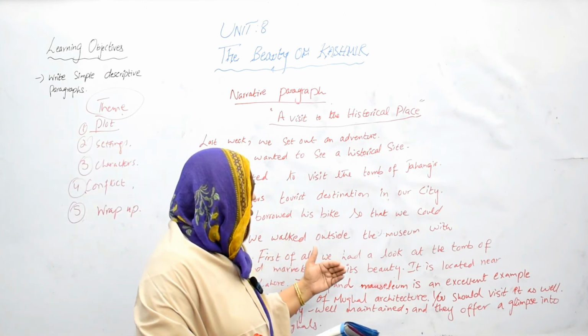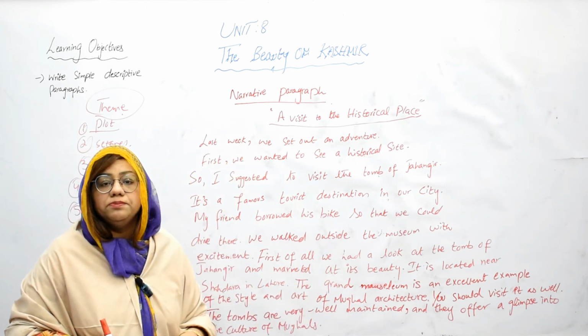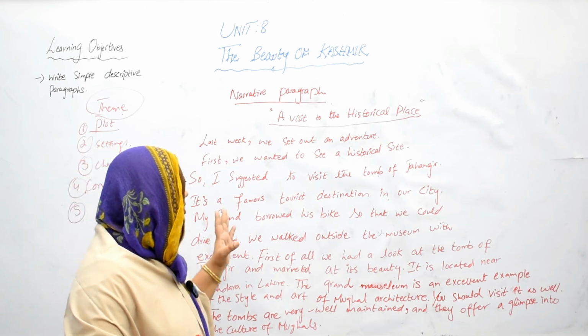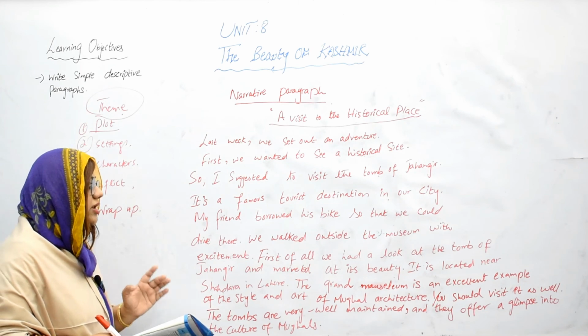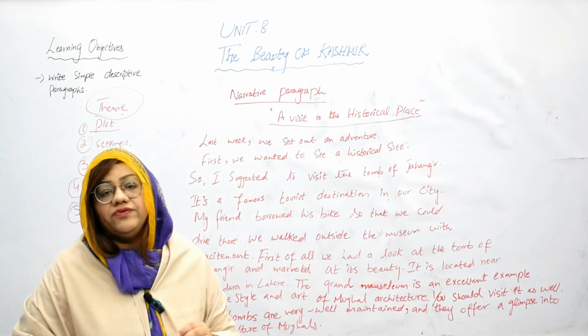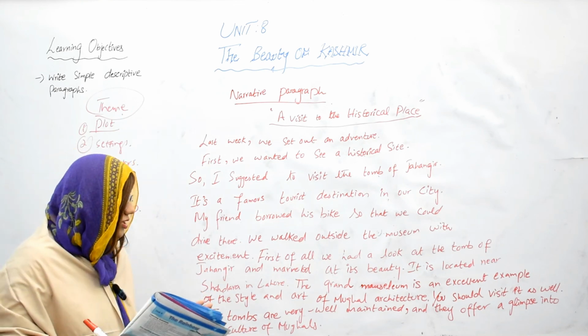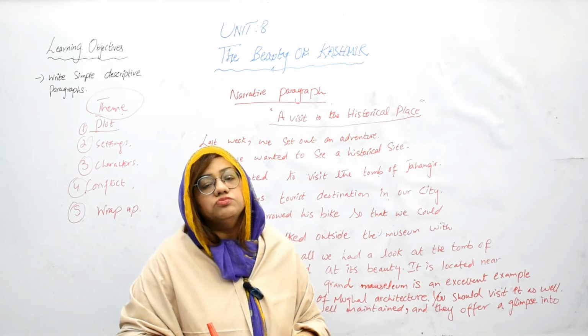First of all, we had a look at the tomb of Jahangir and marveled at its beauty. It is located near Shadra in Lahore. The Grand Mausoleum is an excellent example of the style and art of Mughal architecture. You should visit it as well. The tombs are very well maintained, and they offer a glimpse into the culture of Mughals.